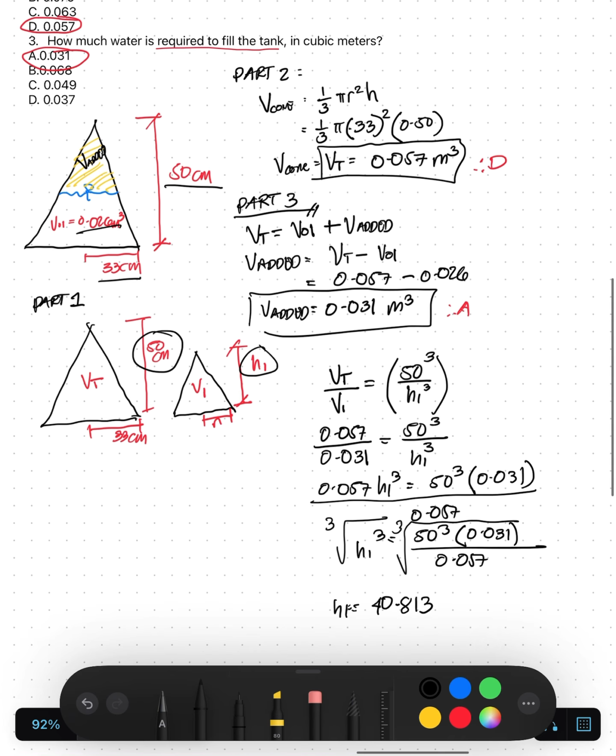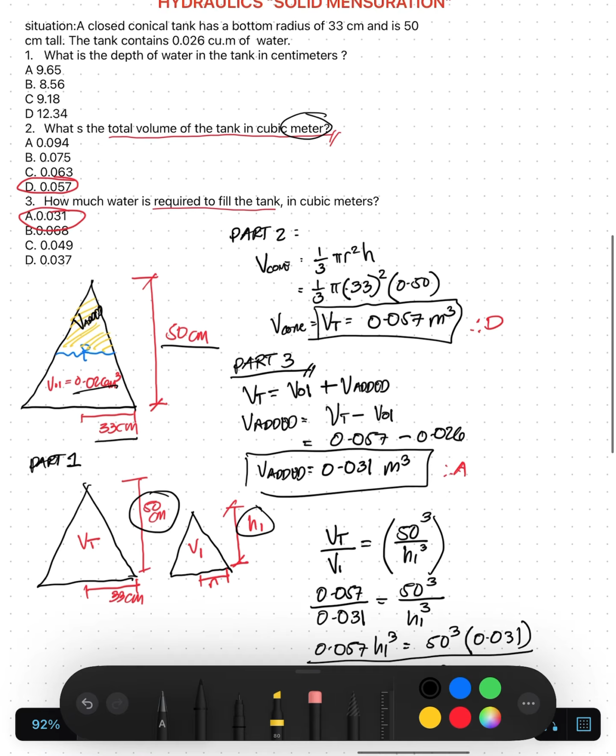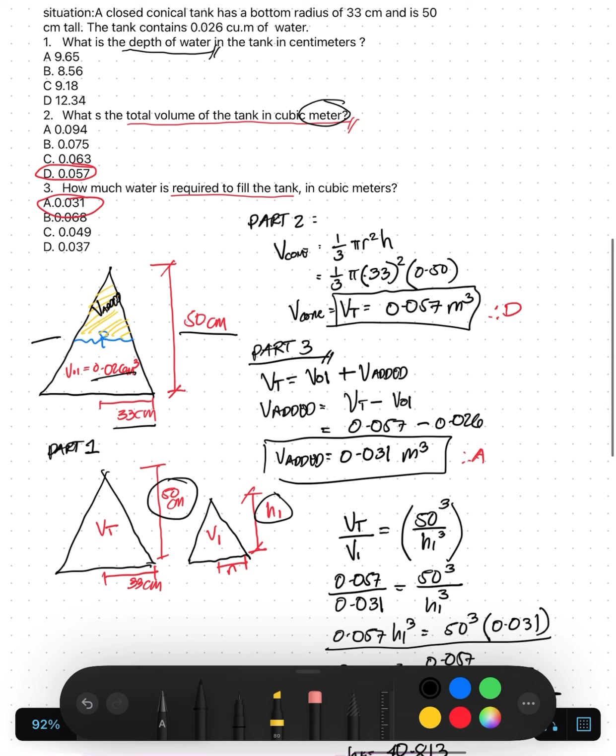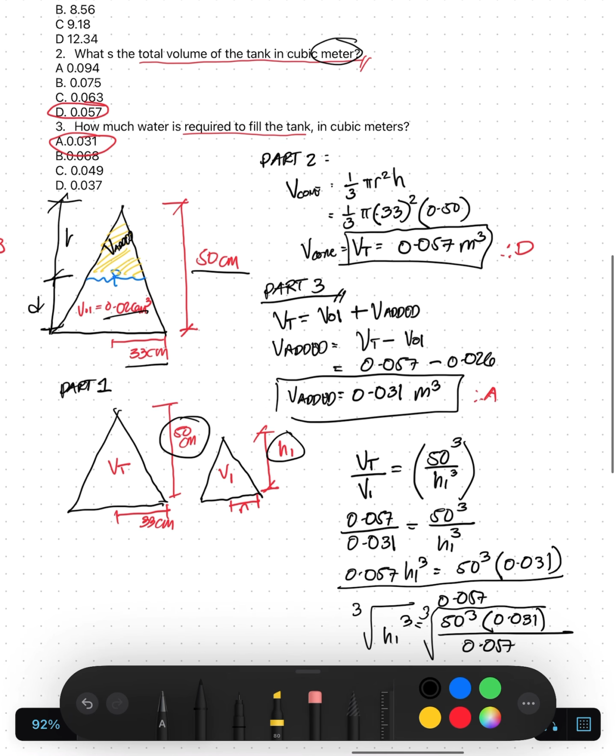which is equal to 40.813. But remember, our question number 1 is, what is the depth of water in the tank? So this is the depth. That depth is the total height minus our h1.